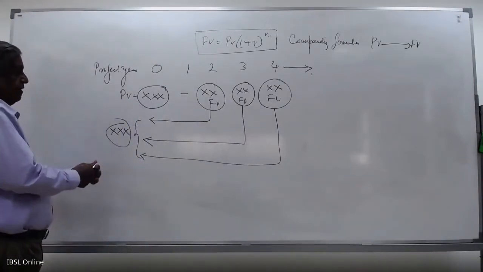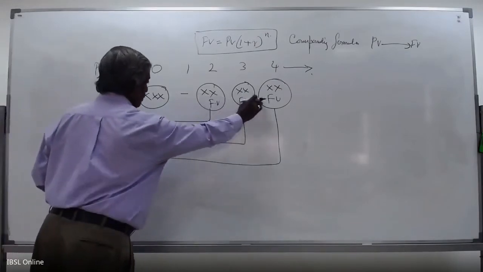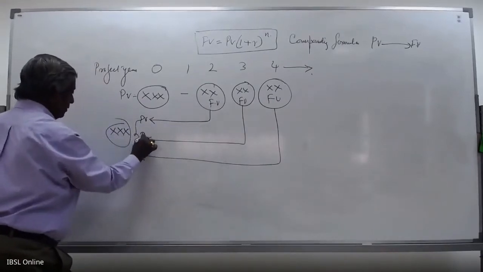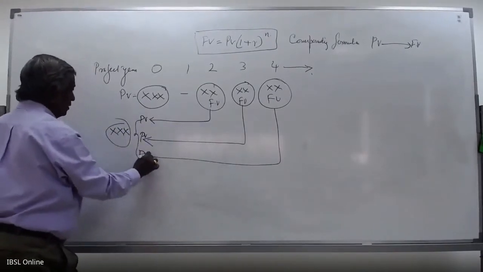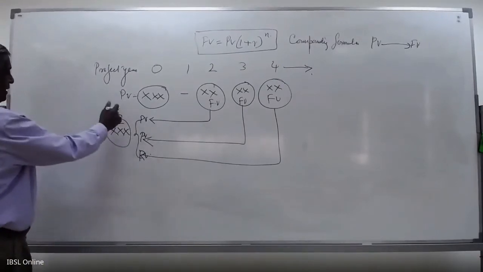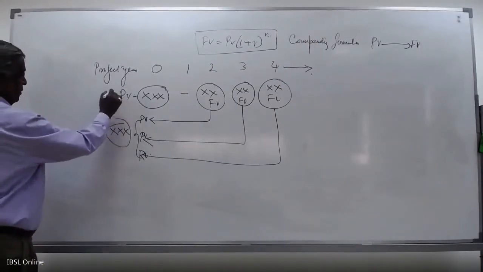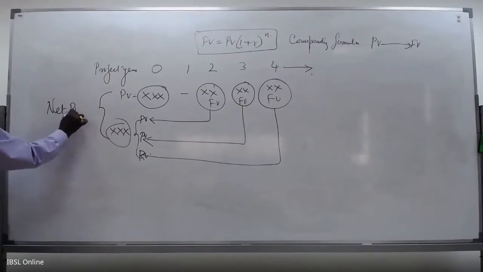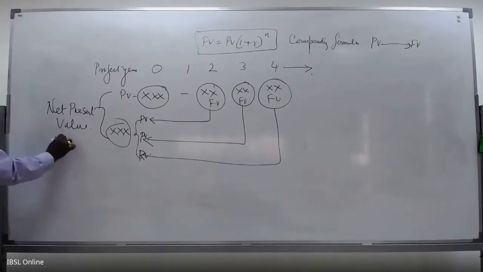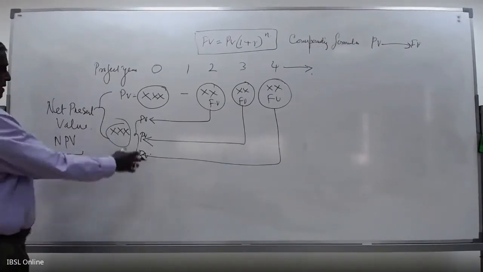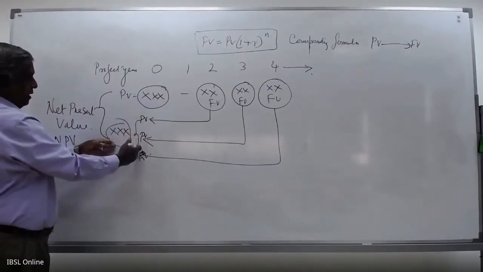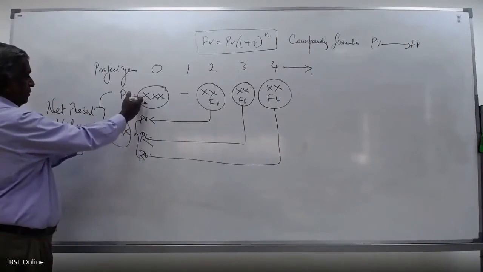So this is future value converting to the present value, total present value, and see whether this total present value and this value, we call it net present value, NPV.